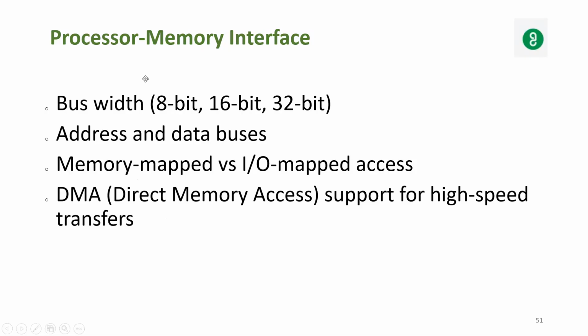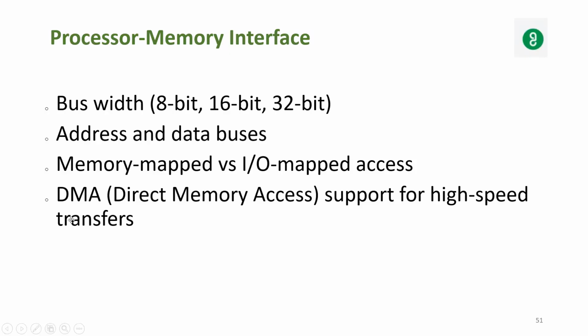Processor memory interface. You can interface the processor as well as the memory with a bus. The bus width can be 8-bit, 16-bit, or 32-bit. You have address and data buses. It can be a memory mapped access or it can be an input-output mapped access.